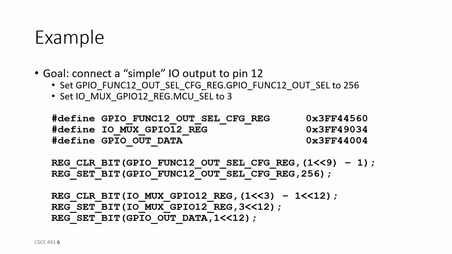So in this case, I want to clear all the bits from 8 down to 0, 9 bits. So how do I do that? I take a 1, I shift it 9 bits to the left and subtract 1. That'll give me 9 1 bits. And then the clear will clear all the bits corresponding to those 9 1 bits here. You guys see that?